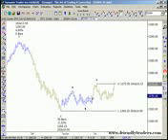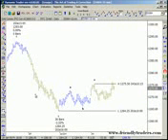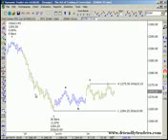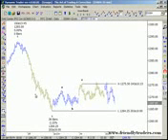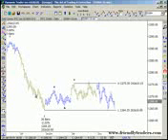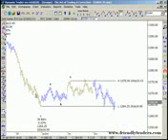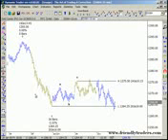All it says is this is a complex corrective pattern. Nonetheless, it's still a corrective pattern, and this January 20th low should be taken out before the January 19th high is taken out. Let's go ahead and see what happens. And there it is, taken out, and taken out once again as anticipated.